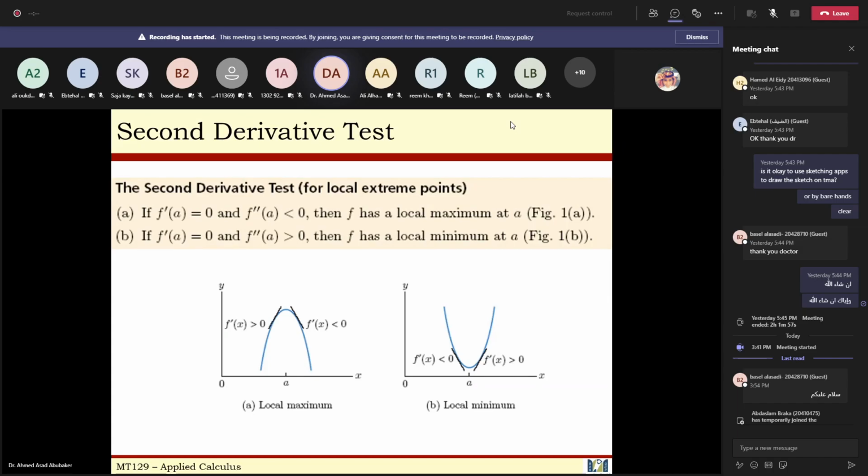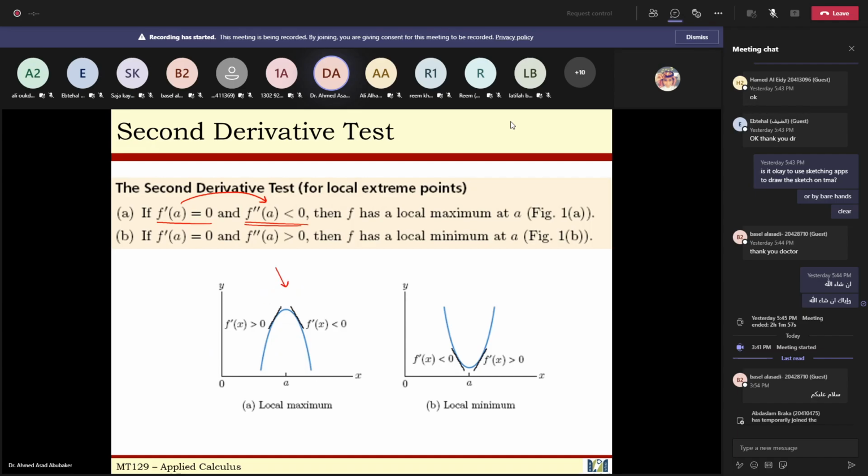So if we have x equal a as the stationary point, look at this. This means x equal a is a stationary point, because when we substitute a in f prime it equals 0. So if we also substitute a in f double prime and we have a negative value, we have concave down, because f double prime is negative, like this.